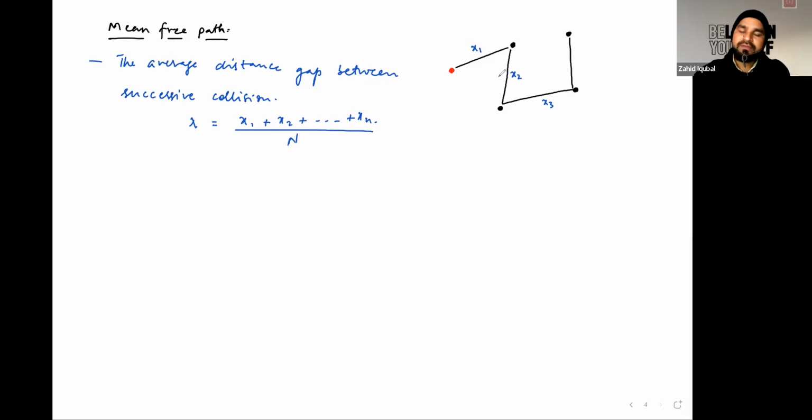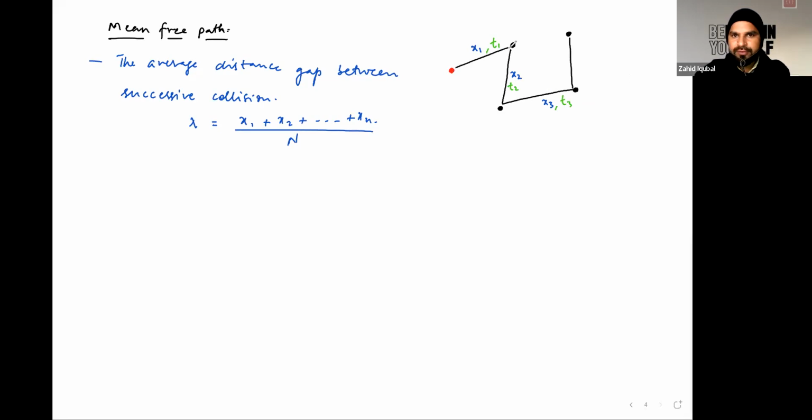Now in this part, we may define some more terms. Suppose this particle, on moving from this point to this point, takes t1 time for the first collision, t2 time for the second collision, t3 time for the third collision, and so on.